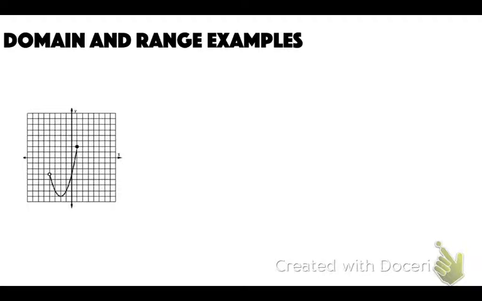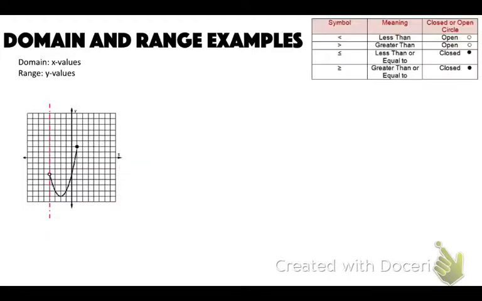Okay, so let's do some examples of this. If we're given this right here, we need to find the domain and we need to find the range. I'm never going to ask you to find the codomain. So the domain here is our x values. The furthest left it goes is negative 5, and the furthest right it goes is... 1, 2, 3, 4.